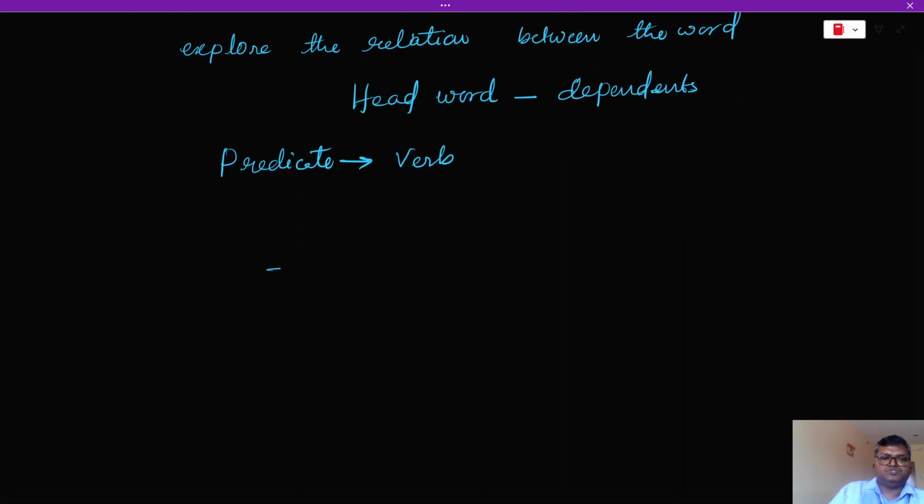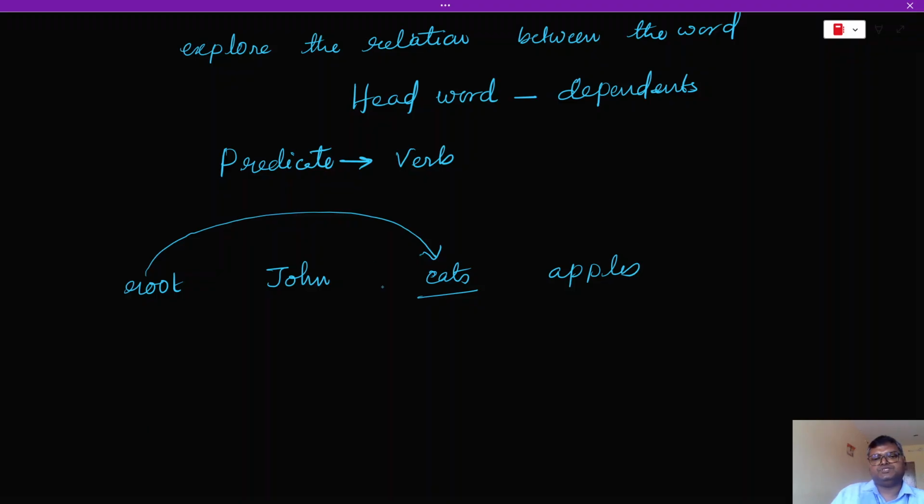So, John eats apple. Here it is the predicate. So we call that a root word. So you will have a directed arrow towards the root. Remember, the head word will have only one incoming arrow from the root, and the remaining will originate from this.